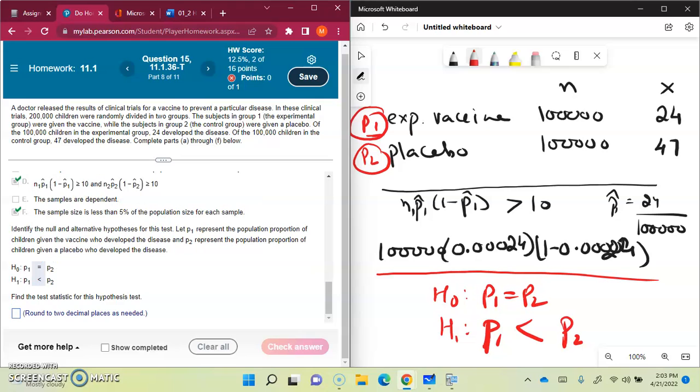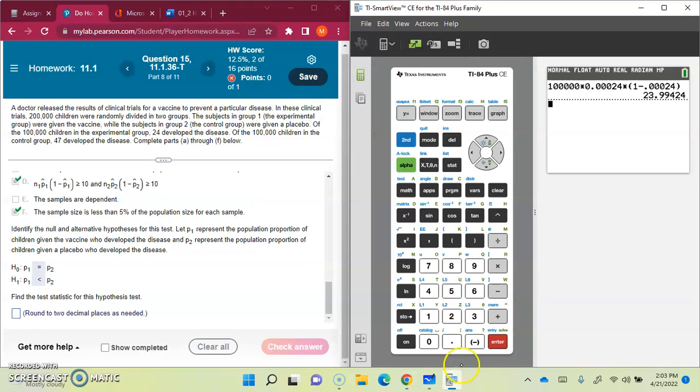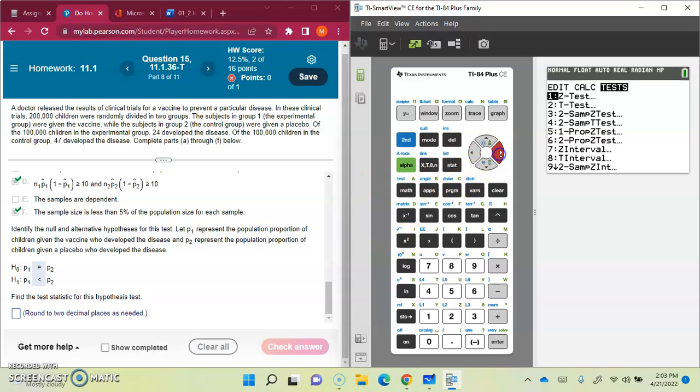Okay, test statistic. It's a proportion problem with two populations, so we need to use the 2-PropZTest, which is number 6. We have 24 people out of 100,000 who contracted the disease and 47 people out of 100,000 on placebo who contracted the disease, and we want to test if P1 is less than P2.